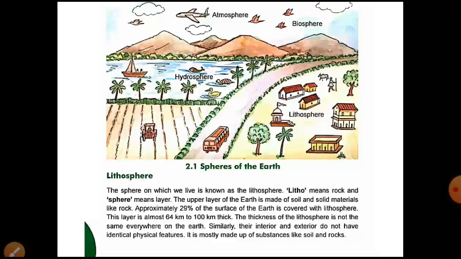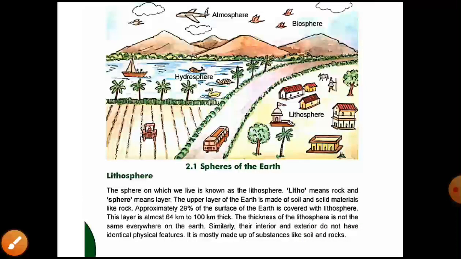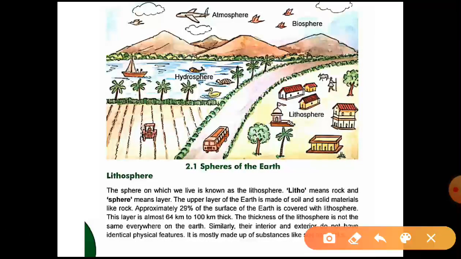The upper layer on the earth surface is made up of solid materials and soil. Approximately 29% of the surface of the earth is covered with lithosphere. Remember, the land covers around 29%.